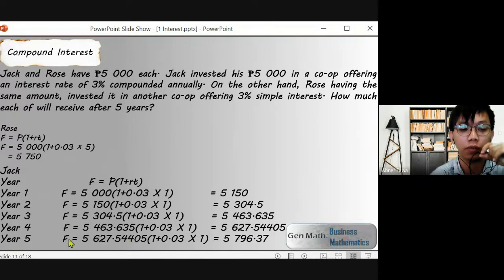So in year 5 or at the end of 5 years, ang makukuha ni Mr. Jack will be 5,796.37 pesos. Okay, so that will be the money that will be received by Mr. Jack after 5 years. So that is the process on how compound interest is computed.